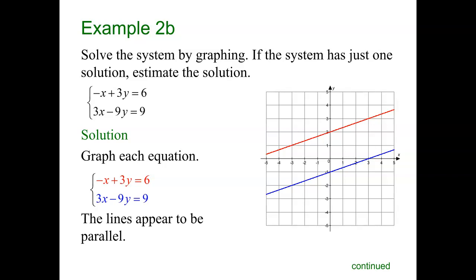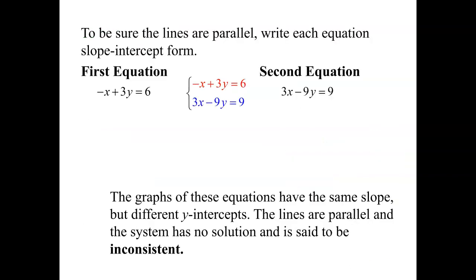But the lines appear to be parallel. So let's check it. What do I know about parallel lines besides that they don't intersect? The same slope. So I need to find the slope of those lines.